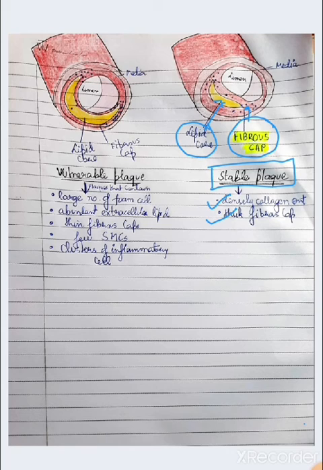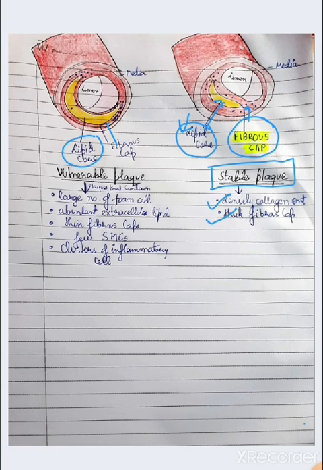So the stable plaque has a thick fibrous cap, while the vulnerable plaque has more lipid core. Here the lipid is very little, you can see very little yellow area, and here more of the area is yellow, which is lipid core, with a less fibrous cap. It's very small with respect to the stable plaque.